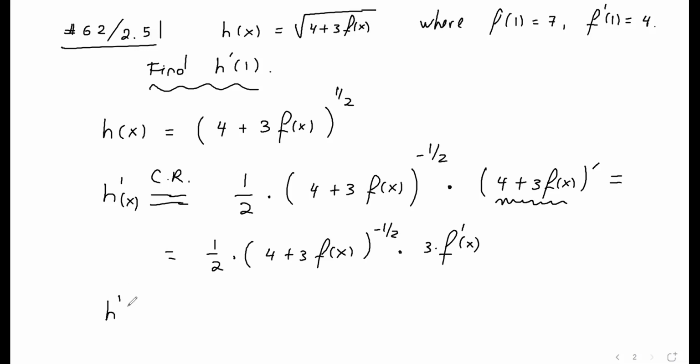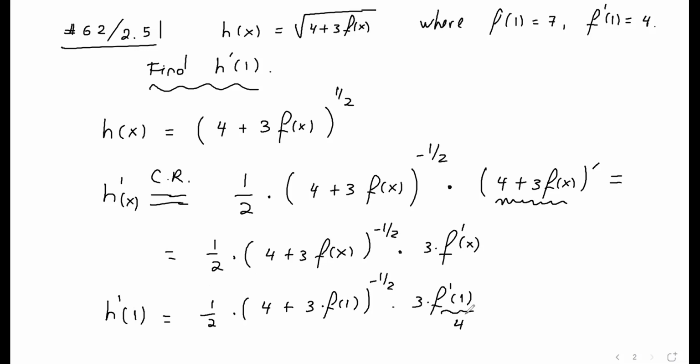Now, if you want h prime of 1, what you'll do is you'll substitute 1 in the formula for x here, and you'll say, well, that's going to be 1/2 times 4 plus 3 times f of 1, right, to the negative 1/2 times 3 times f prime of 1. And I'm going to see if I have these guys taken care of.